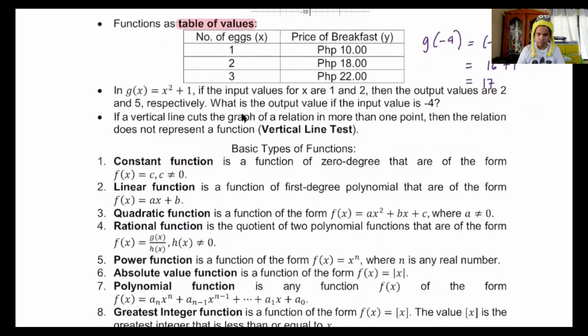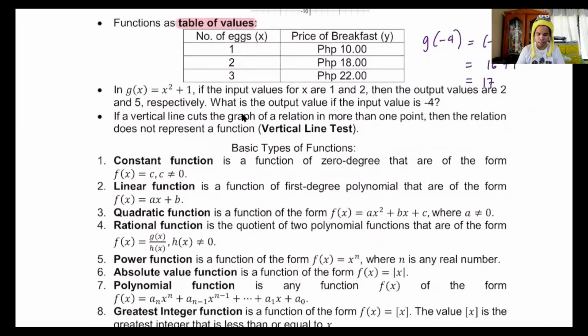Now, if you are given a graph of a relation or an equation, and you will be asked to determine whether it is a graph of a function or not, the test you will use is the vertical line test. So you draw a vertical line.